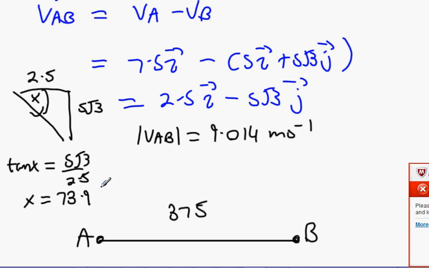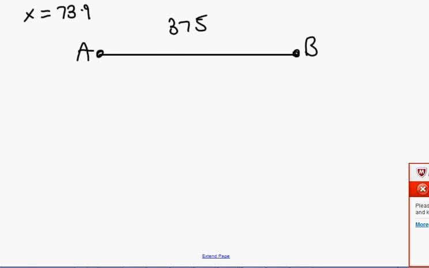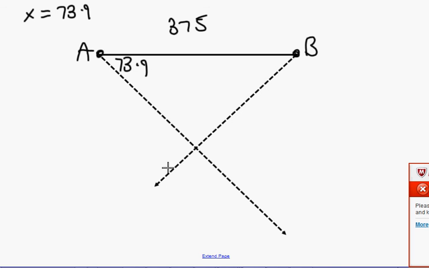So 73.9 will do us there. Now, what happens is, it goes down at an angle. This is the velocity of A relative to B. It goes down at an angle 73.9, and then it reaches a point at which it's at 90 degrees, which is here.